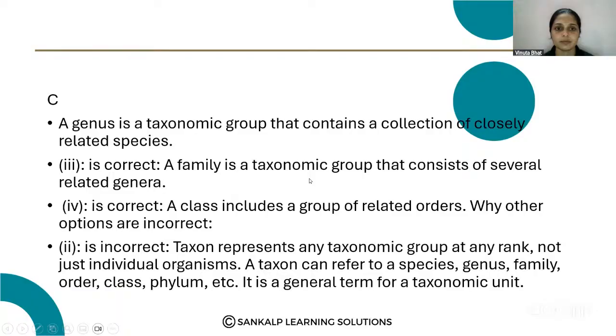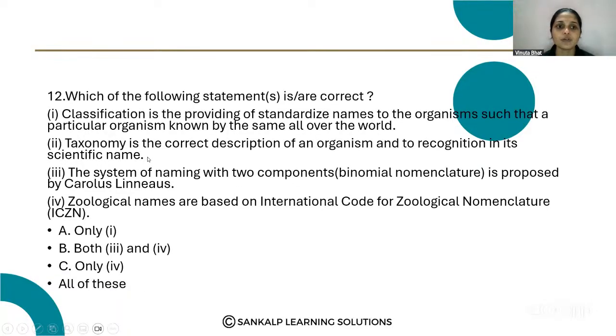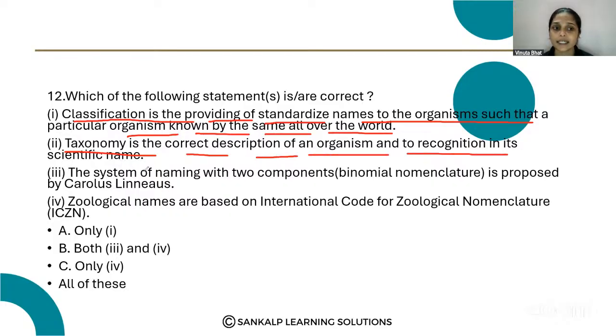Next question. Which of the following statements are correct? Classification is the providing of standardized names to the organisms such that particular organisms are known by the same name all over the world. This is the first sentence. Taxonomy is the correct description of an organism and recognition in its scientific name.